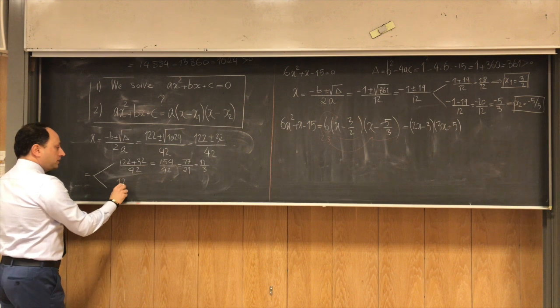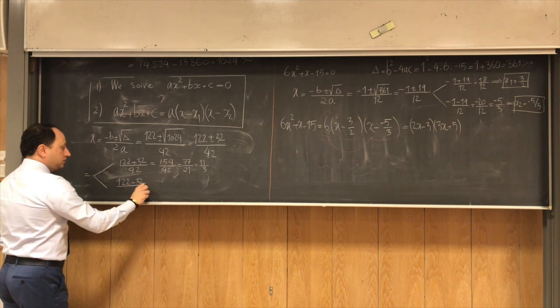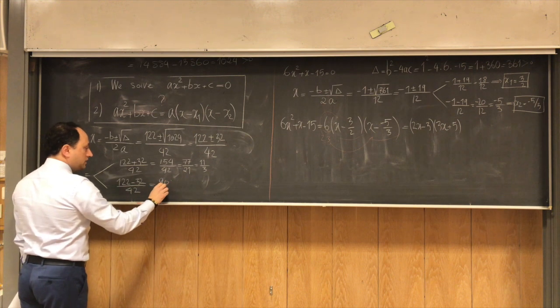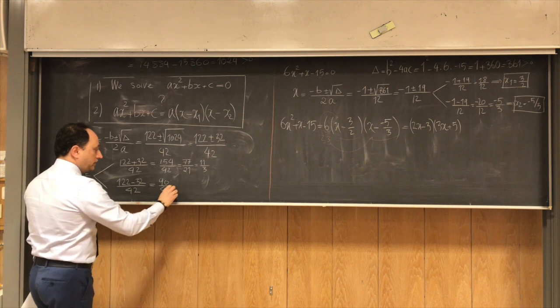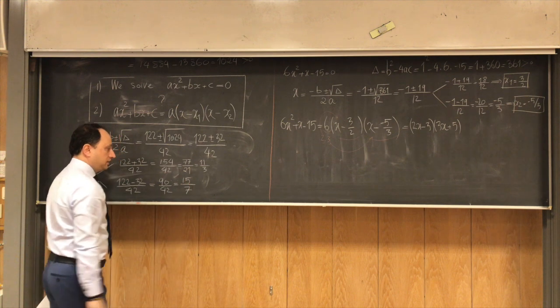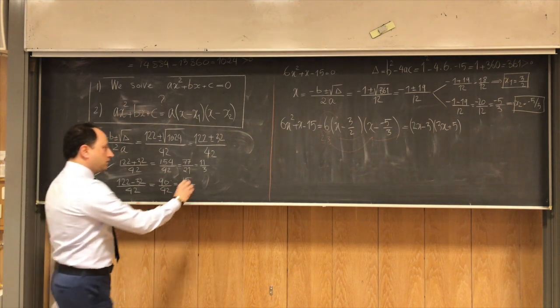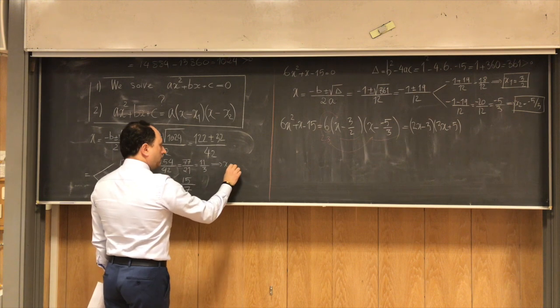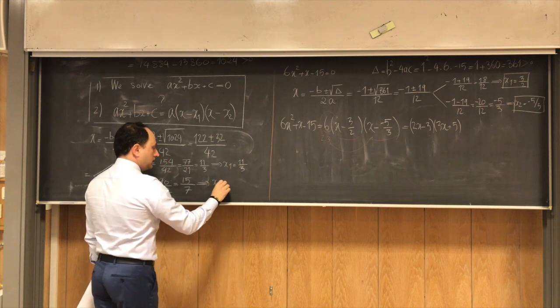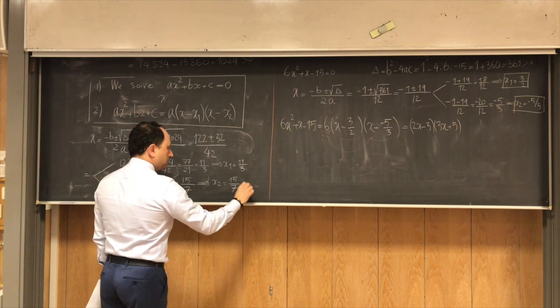Then the next number is 122 minus 32 divided by 42. So what is this one? It becomes 90 over 42. If I divide by 6, this becomes 15 over 7. So my numbers are x1 is 11 over 3 and x2 is 15 over 7.